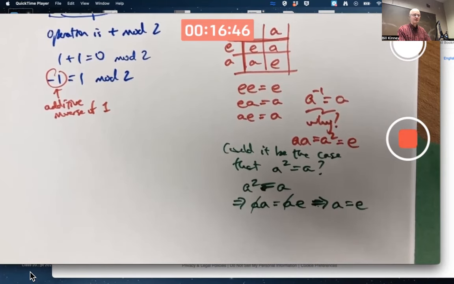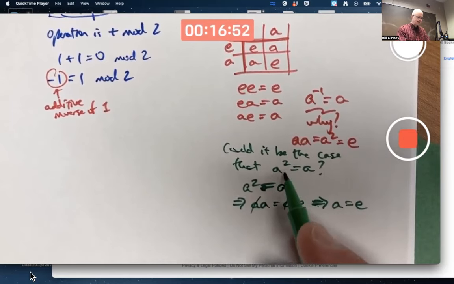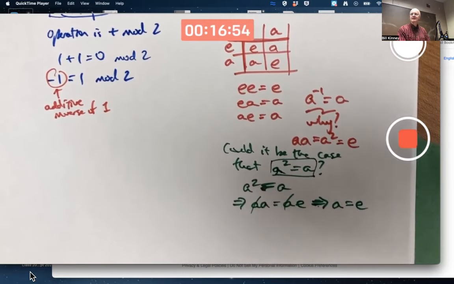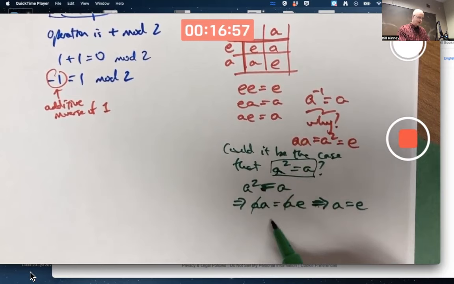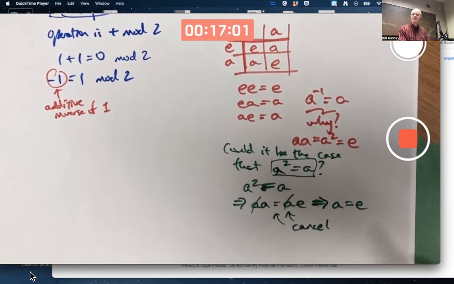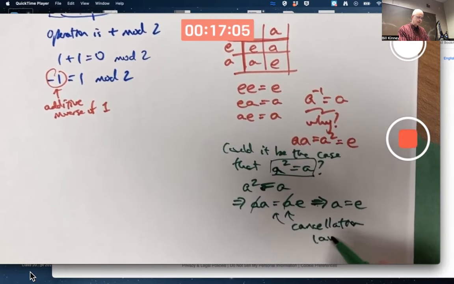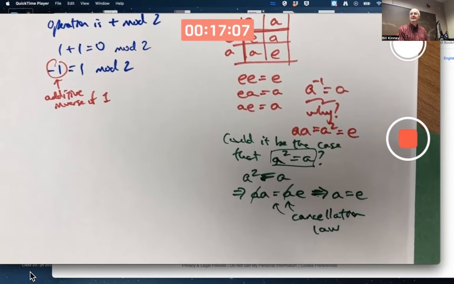This is essentially a proof that the only element of a group that's going to satisfy this equation is the identity. But you also have to prove that there is a cancellation law, but that is the case in group theory.